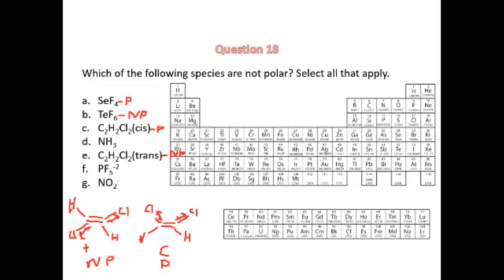And then NH3, ammonia, we draw its Lewis structure. Again, it has 1 lone pair of electrons, so it's going to be a polar molecule.